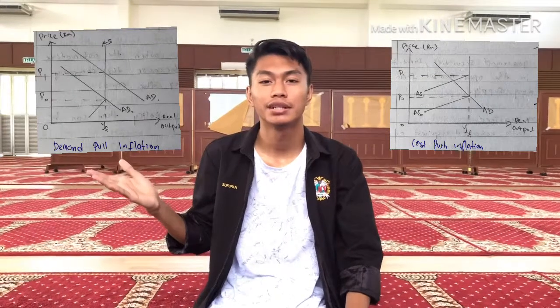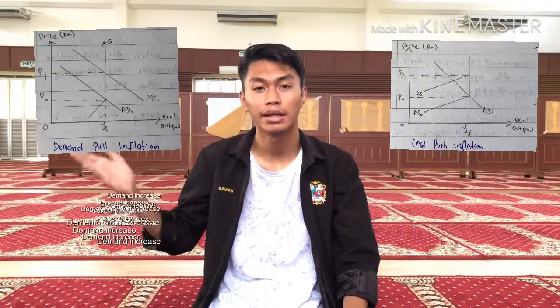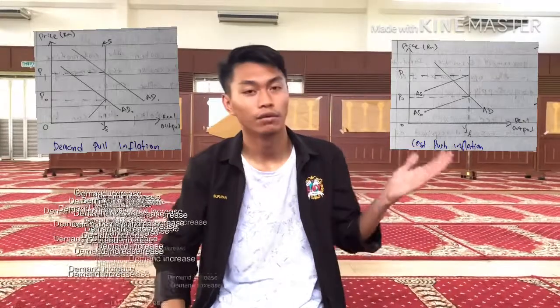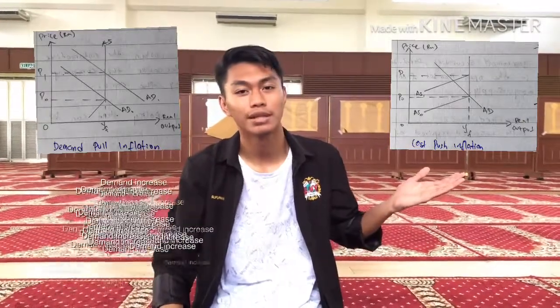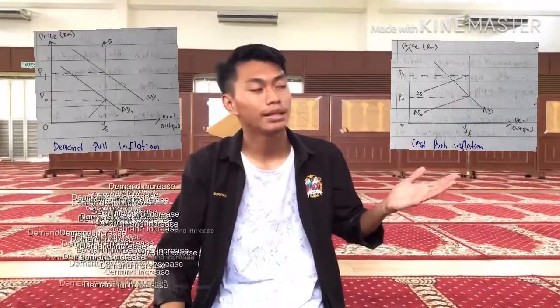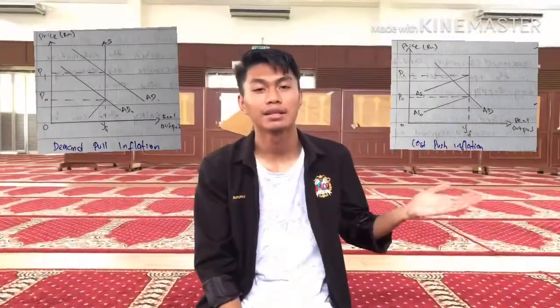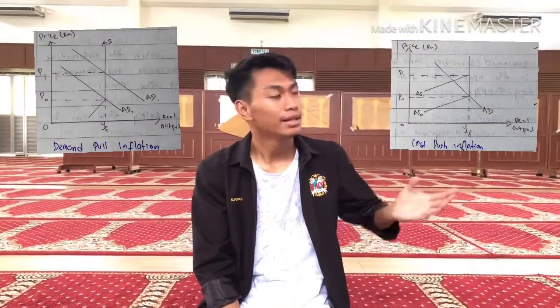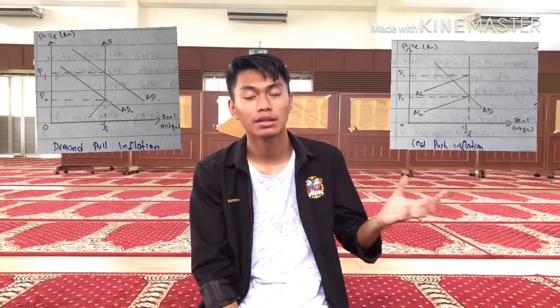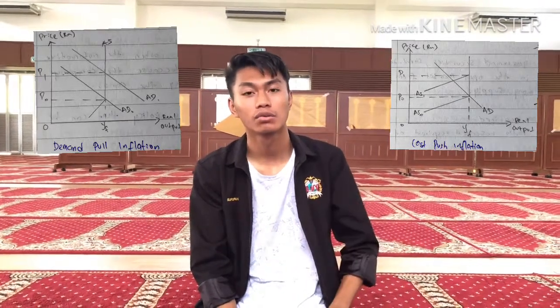Demand pull inflation is due to the increase in demand in the market, and cost push inflation is due to the increase in the input price. For example, increase in wages and raw material.